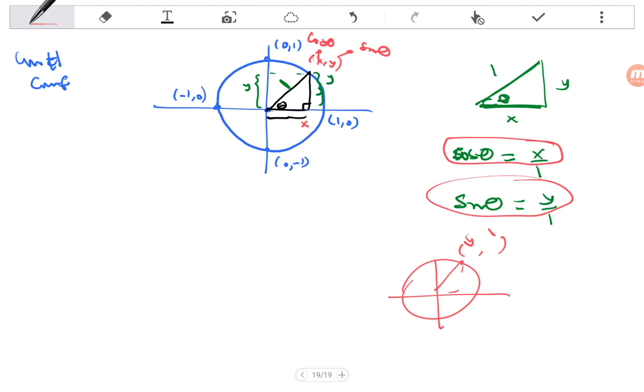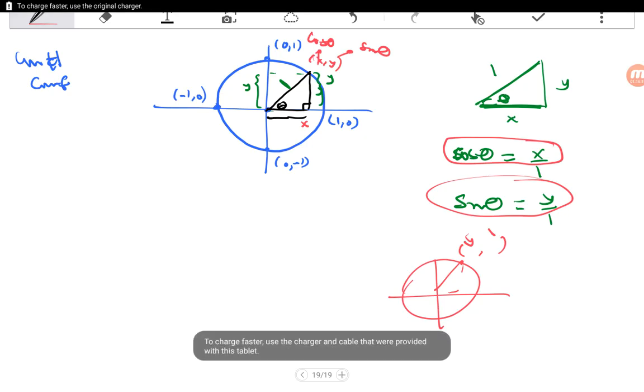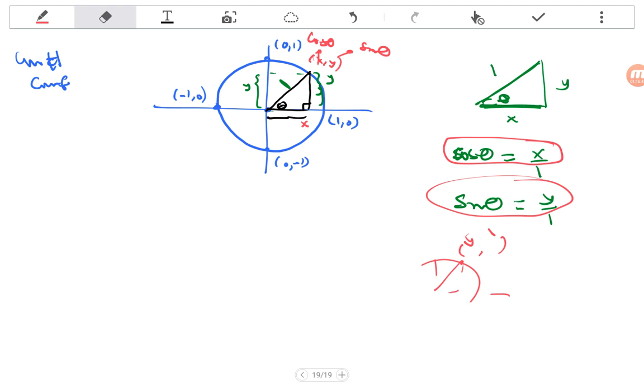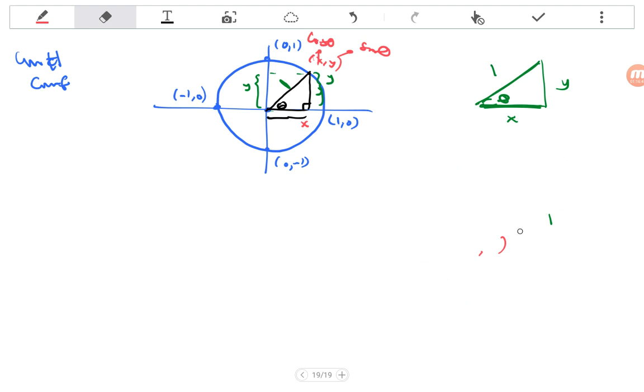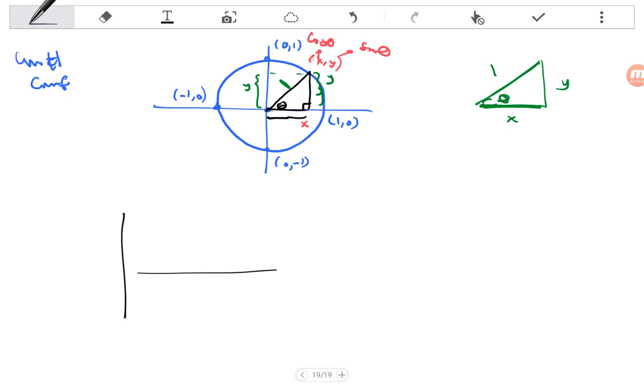Now let's make a graph of cosine theta and sine theta. I'll just erase that. That's theta. Now for an angle theta equal to 0, where is the angle equal to 0?